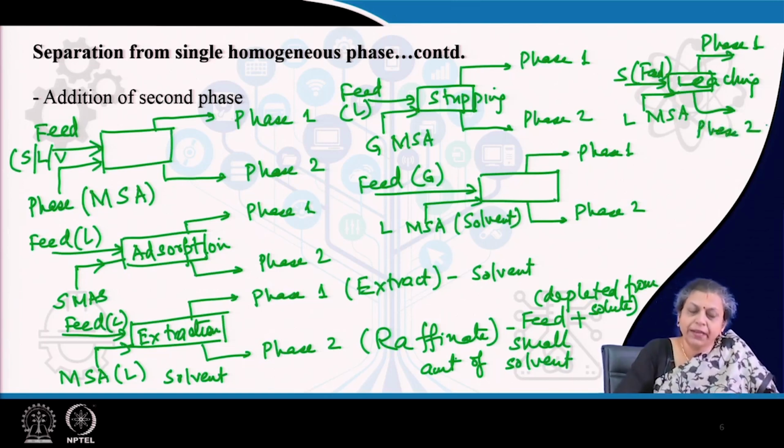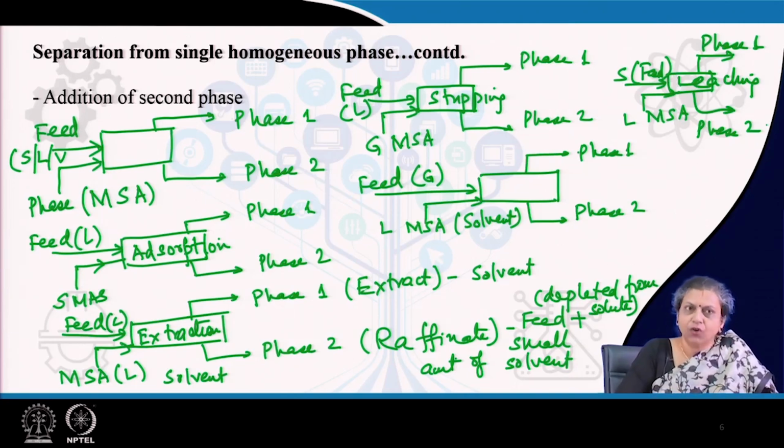So, when it is not possible to create a product by addition of energy or reduction of pressure, then we create the second phase by adding a second phase to the feed. When the feed is a solid, we can add a liquid to it and perform the process of leaching. When the feed is a liquid, we can add a liquid which is immiscible with the feed liquid and perform the process of extraction.